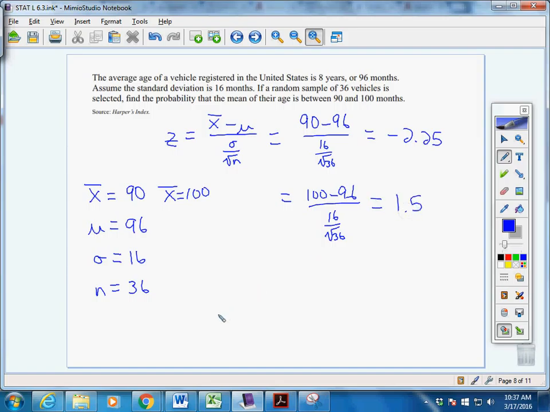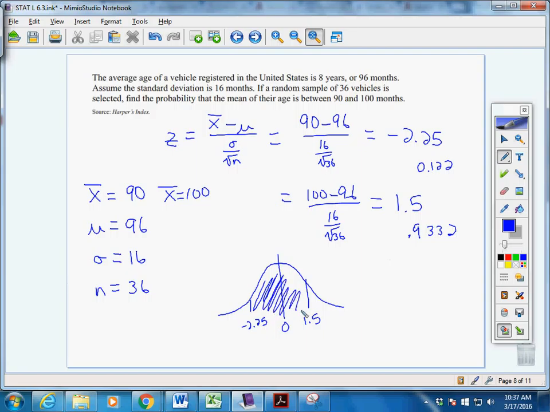Remember, we just turn it into a standard normal distribution. I'm going to have my negative 2.25, and then I have my 1.5 over here. So using our z-score, this negative 2.25 correlates to 0.122. My 1.5 over here is going to correlate to 0.9332.